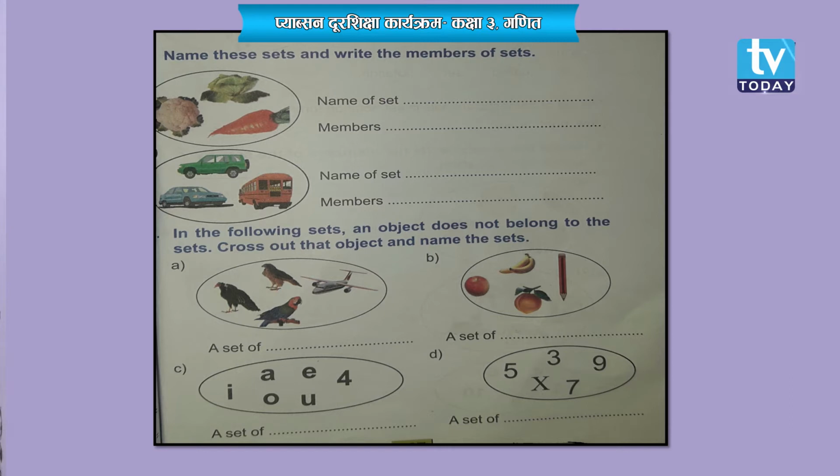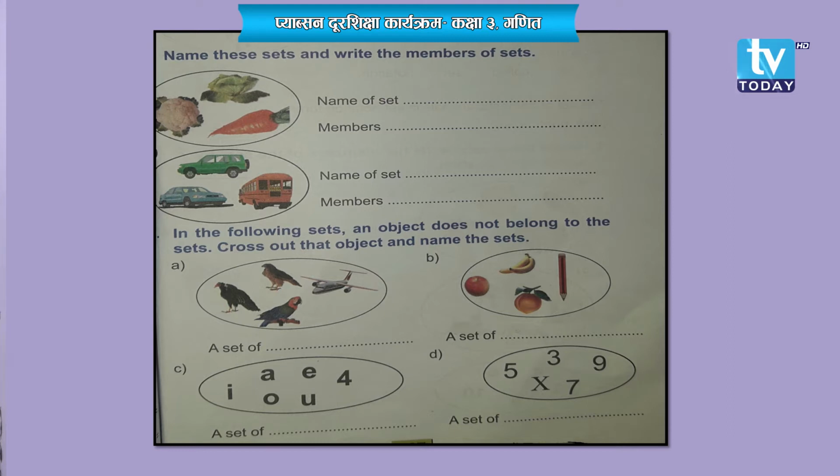An aeroplane is there. Does the aeroplane belong to that set of birds? No. So, what do you have to write? Aeroplane doesn't belong to the set of birds. Can we write it? Okay, please write it down.